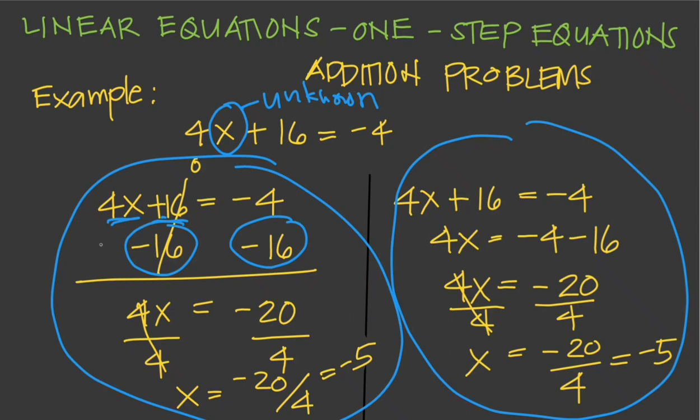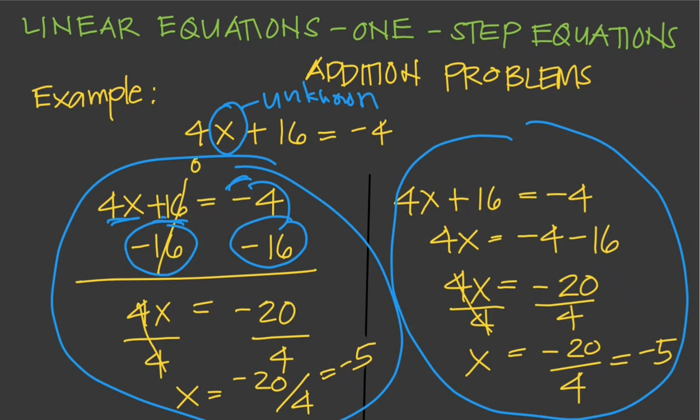So the positive 16 here and -16 here would cancel out. That would be equal to 0. So we will be left with 4x equals -4 minus 16, that is -20. So our equation would be 4x equals -20.